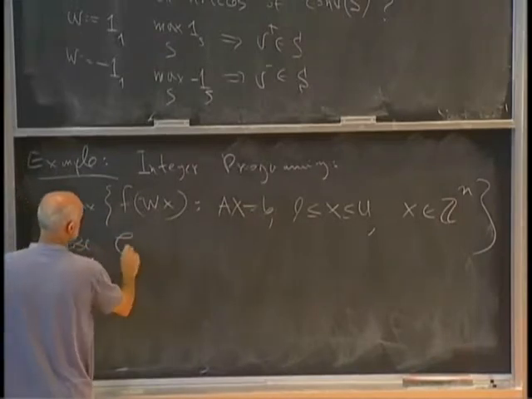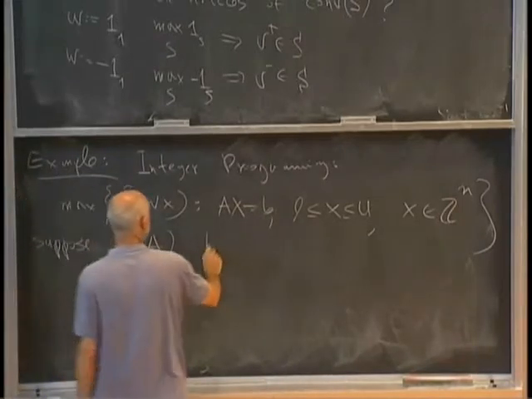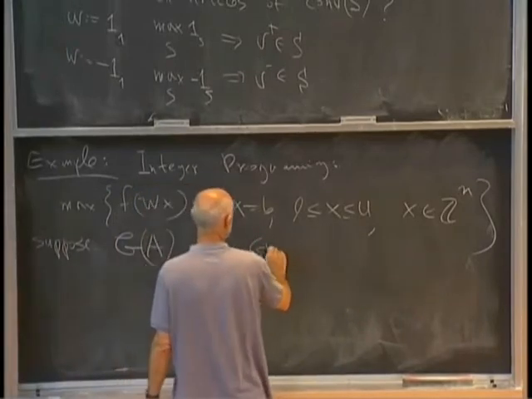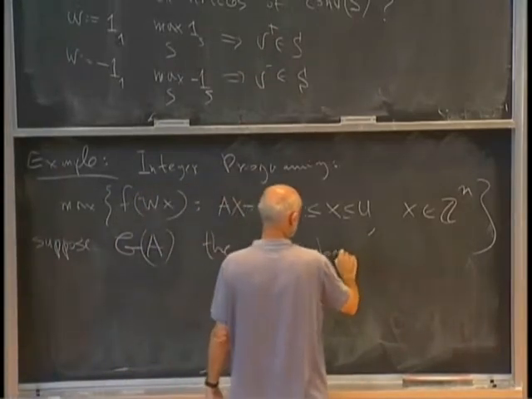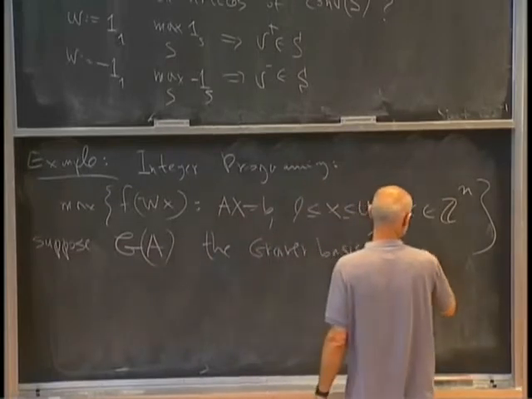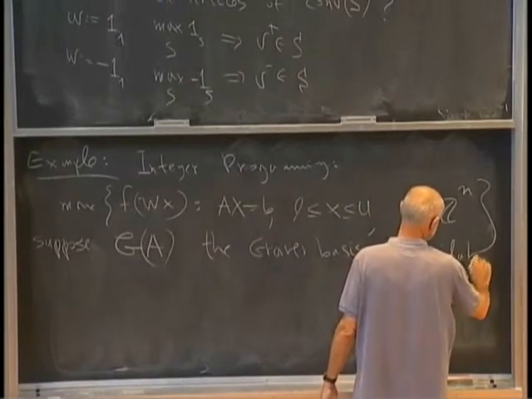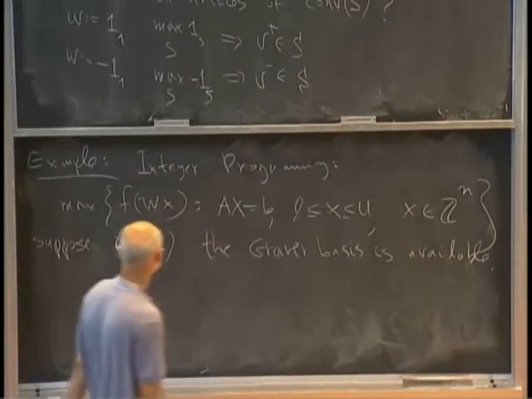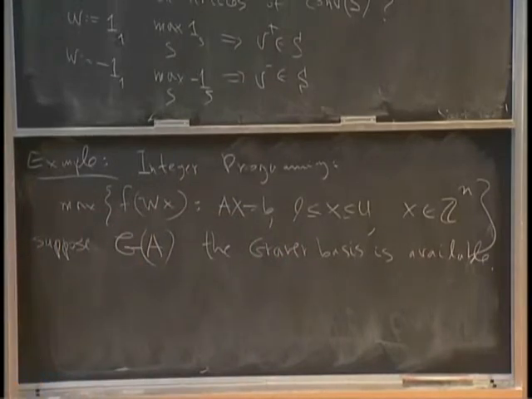Suppose the Graver basis of A is available. And you've seen examples, let's say n-fold systems, tables, universality, you have the Graver bases.